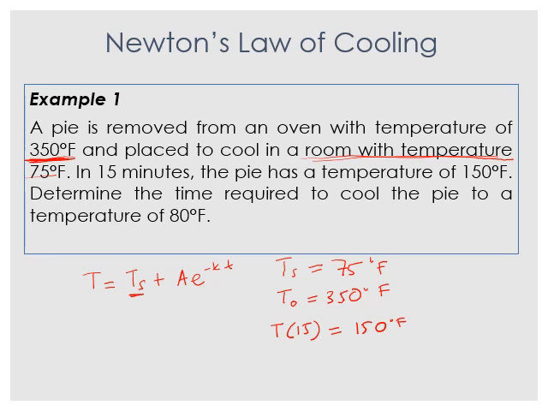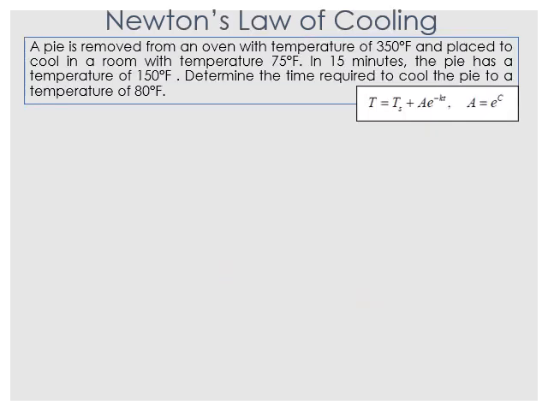They ask, determine the time required to cool the pie to a temperature of 80 degrees Fahrenheit. At what time is the temperature equal to 80 degrees? That's the question. We can start from the differential equation, but actually we can straight away solve it using this solution.